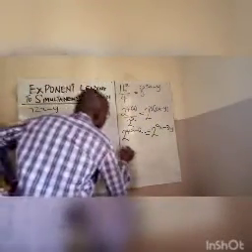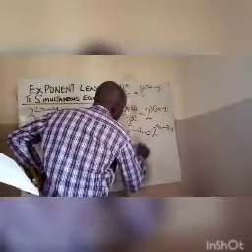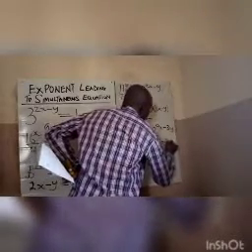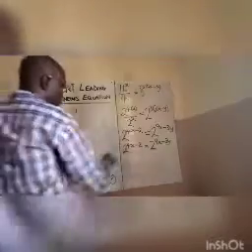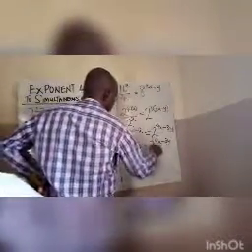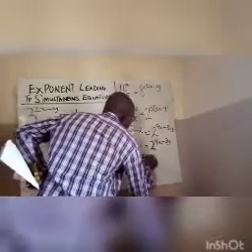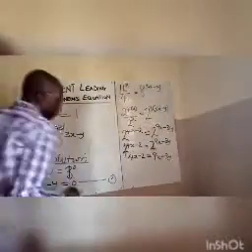So what we now have is 2 raised to power 4s minus 2 equals 2 raised to power 9s minus 3y. Their bases are the same, so you can cancel out. We are left with 4s minus 2 equals 9s minus 3y.